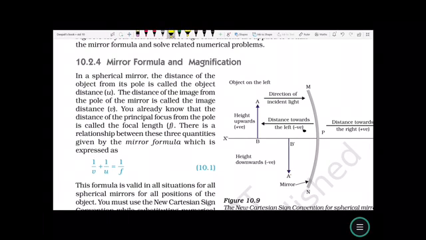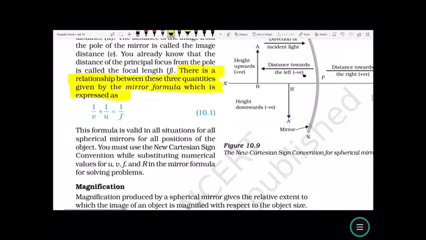There is a relationship between all three quantities, and this relationship is called the mirror formula, which is expressed for a mirror as 1 upon v plus 1 upon u is equal to 1 upon f.